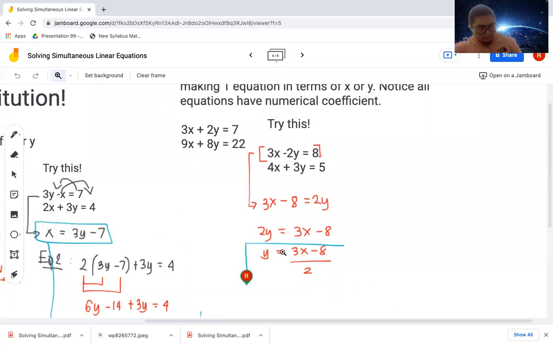So knowing that this is equation number 3, this is your equation number 1, and this is your equation number 2. So in here, we know that equation number 3 came from equation number 1. That means what we need to do is to use equation number 2 for us to substitute this particular value of y.